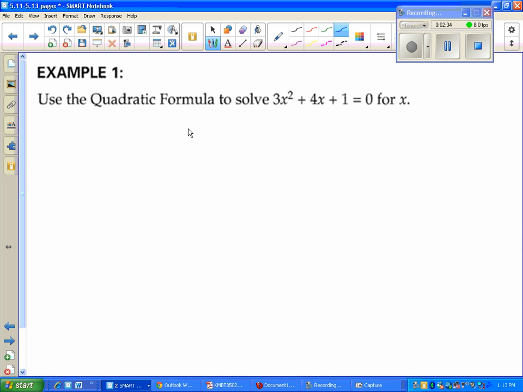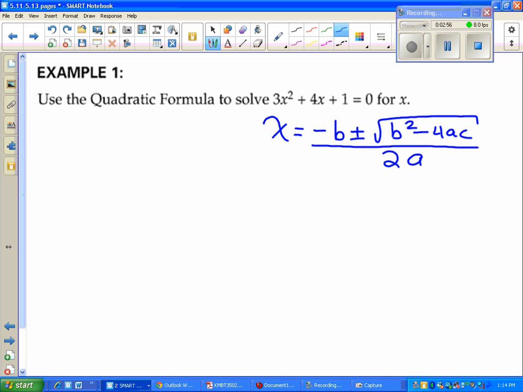As a math teacher, the first thing I'm going to tell you to do is write down the quadratic formula. X equals negative b plus or minus the square root b squared minus 4ac all divided by 2a.